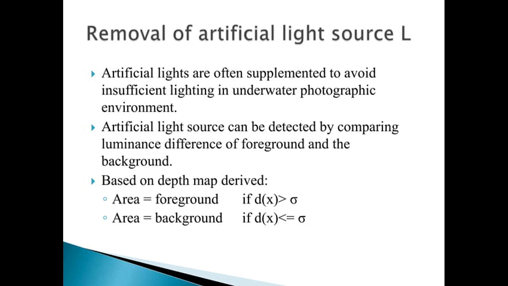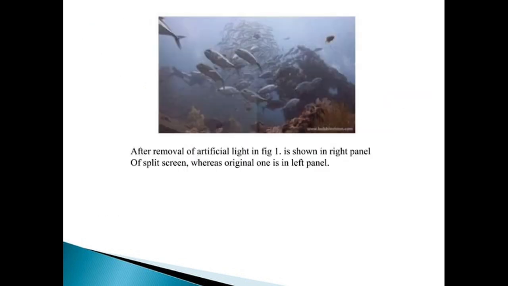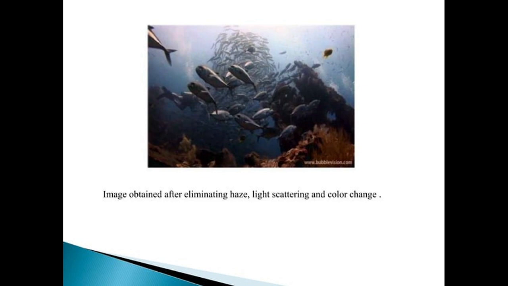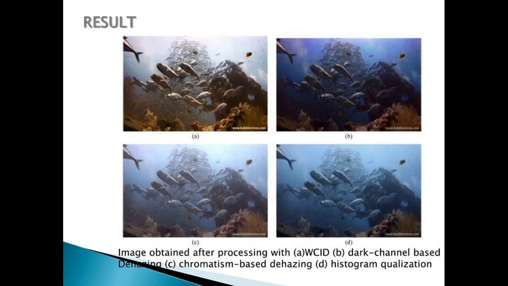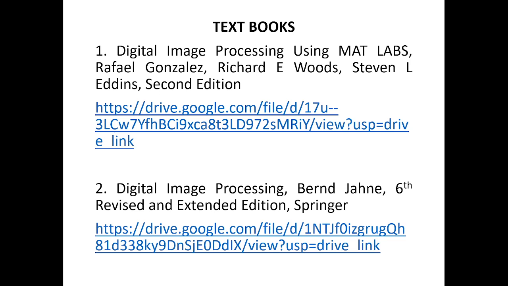In this model, everything is a challenge. These are some of the points discussed on how to overcome these challenges, but our topic is to list out the challenges in underwater imaging. This is the advantage of that algorithm.